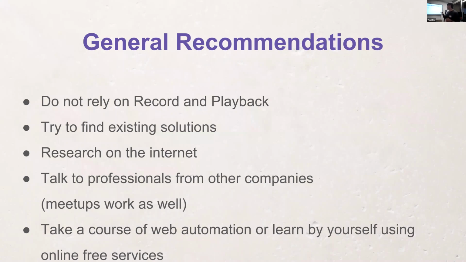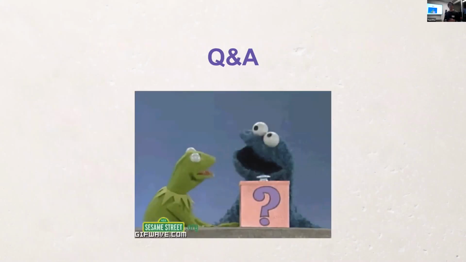Try to talk to more professional people, like we do here, people who already have experience, and ask for their advice on how to do things. Also, you can take courses on web automation or learn by yourself. As I mentioned, for Selenium there is a lot of content, so it should be good to do that. And I think that's it.